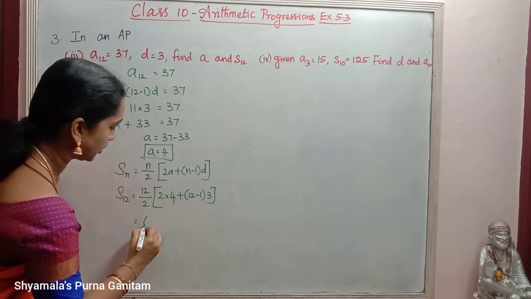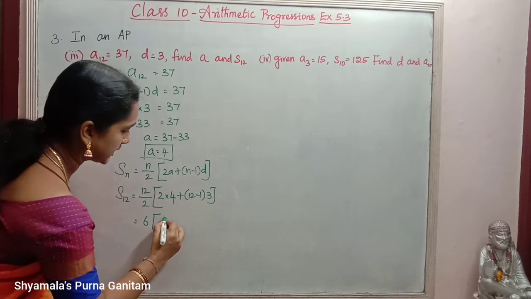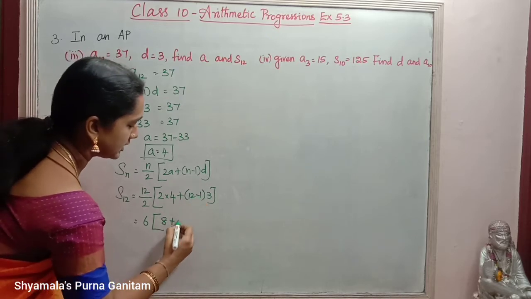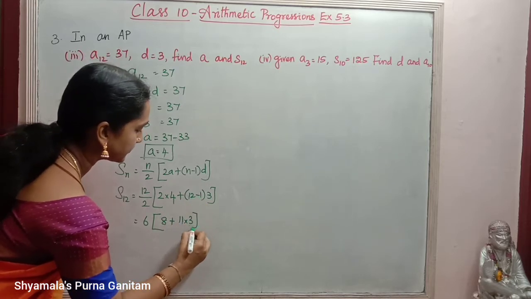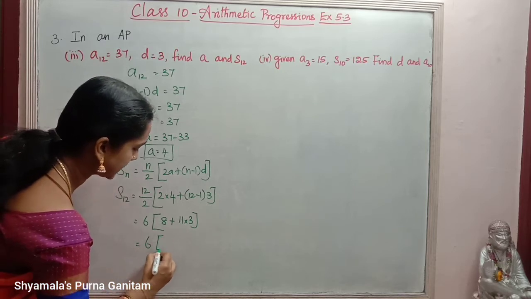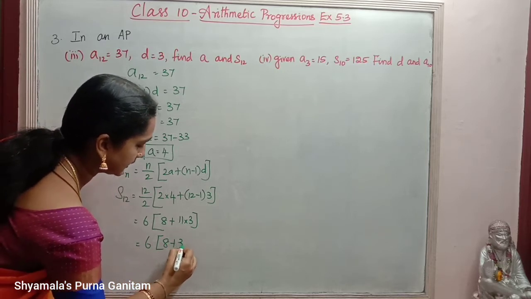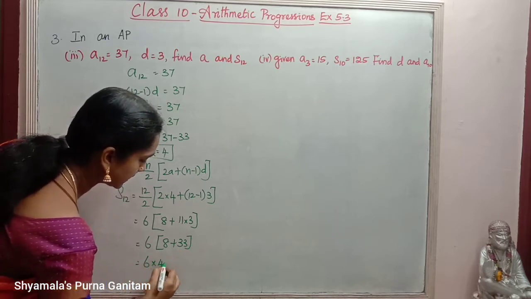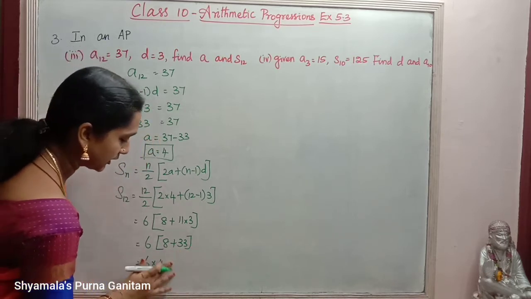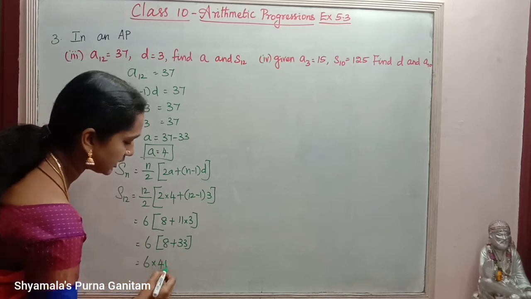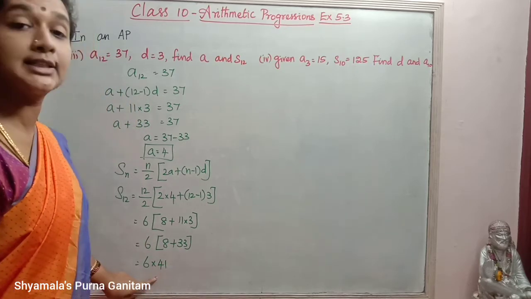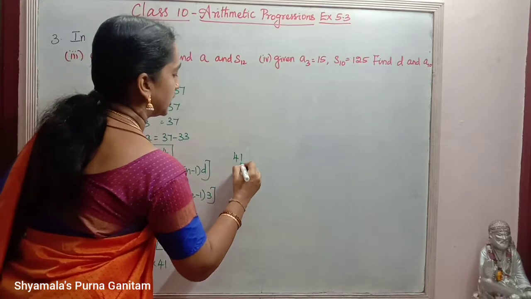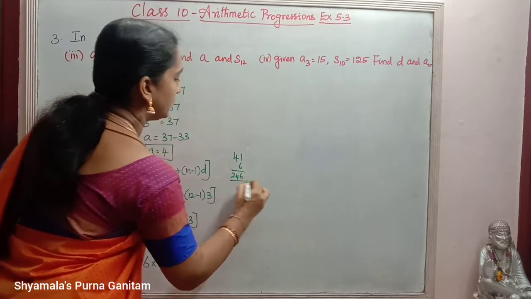So this is equal to 6 into 2 4s are 8 plus 12 minus 1, 11 into 3. So this is equal to 6 into 8 plus 33. So 8 plus 33 is 41. So 6 into 41. So 41 into 6 is 246.